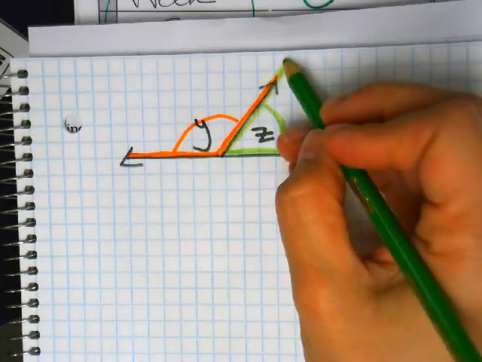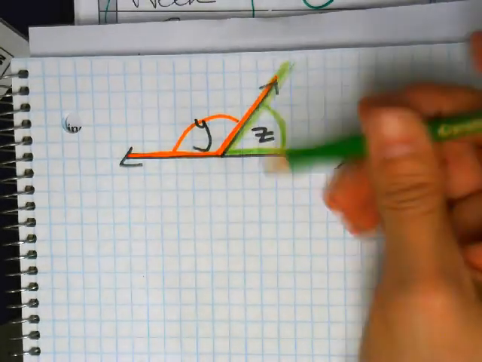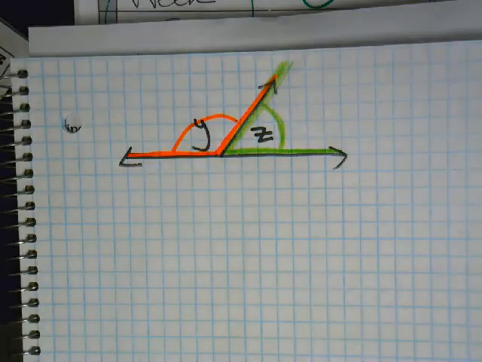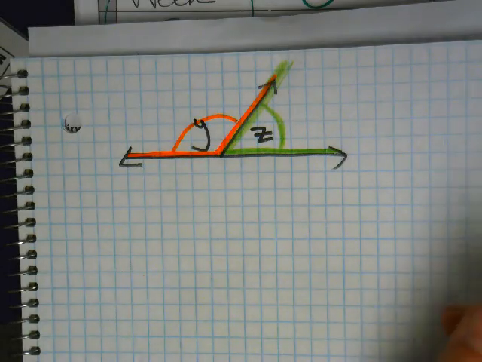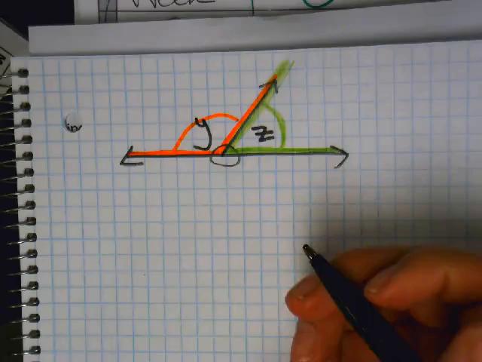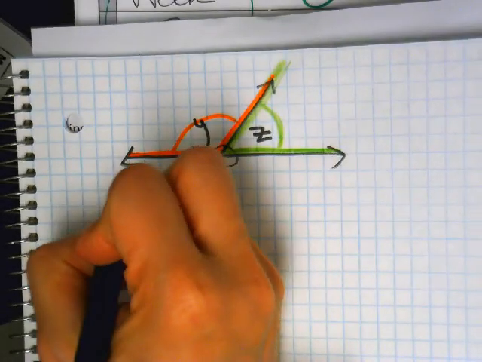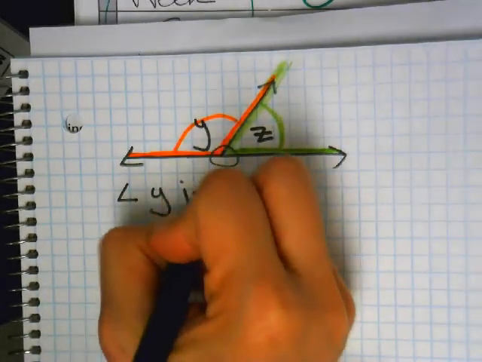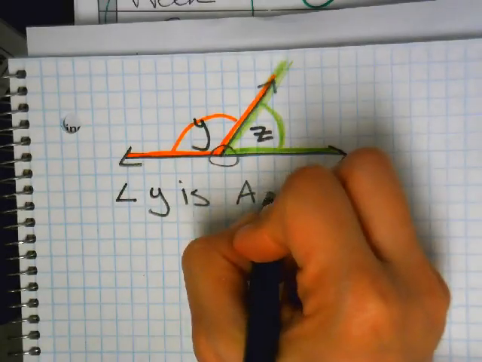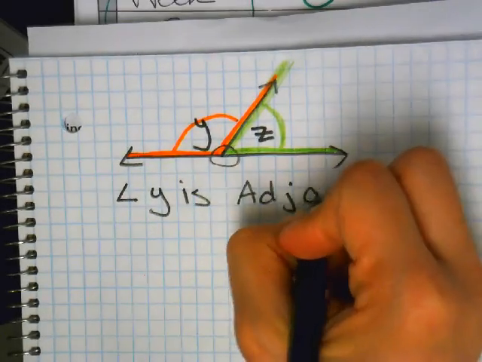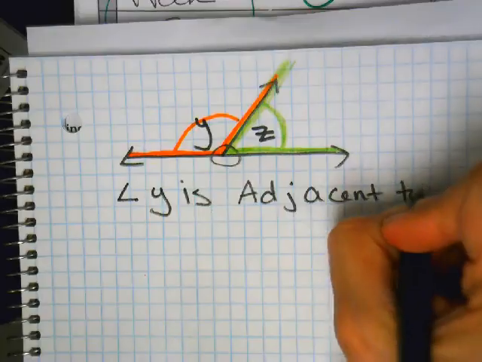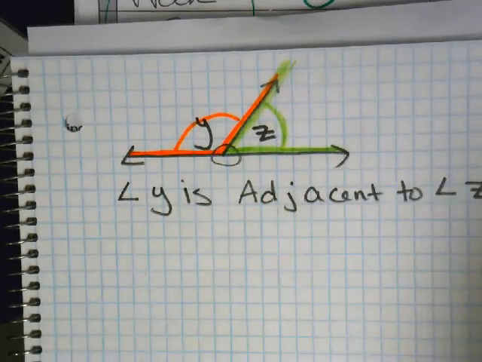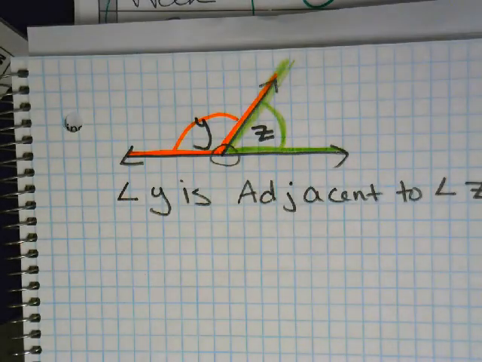See here how I highlighted the same line? If I highlighted the same line, that means they are next to each other and they share a vertex, which is right there. So I can write a statement: angle Y is adjacent to angle Z.